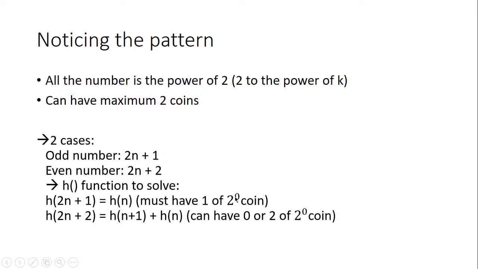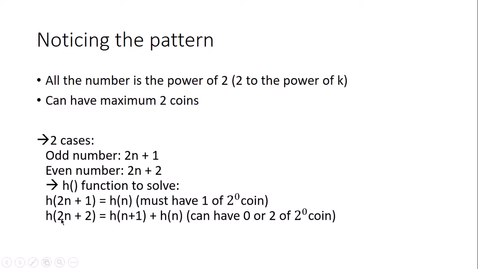So if you delete this cone, it only has 2n left, and if you divide by 2, it will be n. And it will be the same because everything is a power of 2 with a maximum of 2 cones, so it definitely can be divided by 2. And you already removed the 2 to the power 0 cone, which is the only value that you cannot divide by 2.